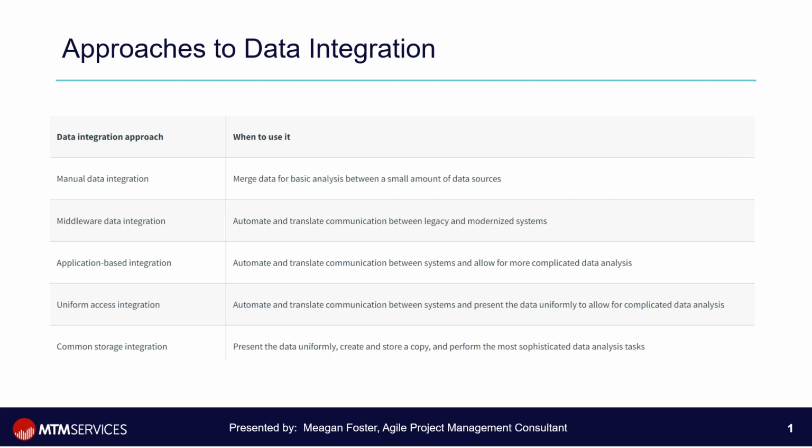Application-based, we're looking at automating and translating communications between systems for more complex data analysis. Uniform access integration, we'll use this when we're looking to automate and translate communication between systems and present the data uniformly to allow for more complex data analysis.